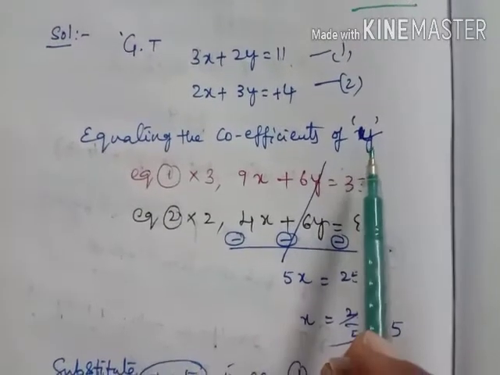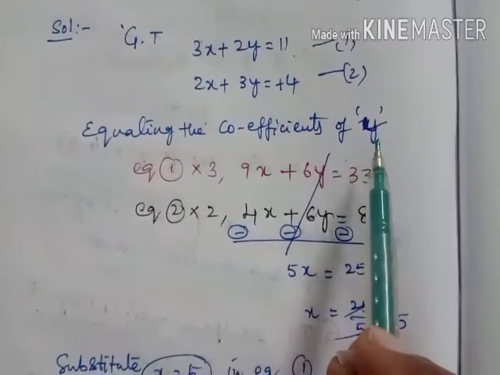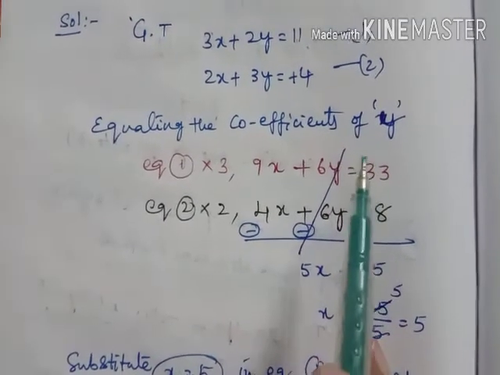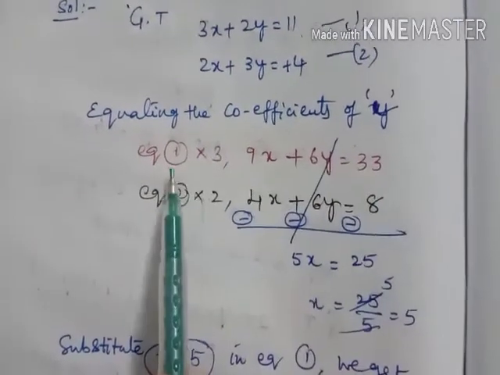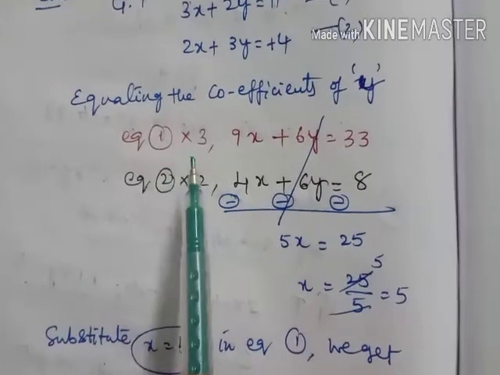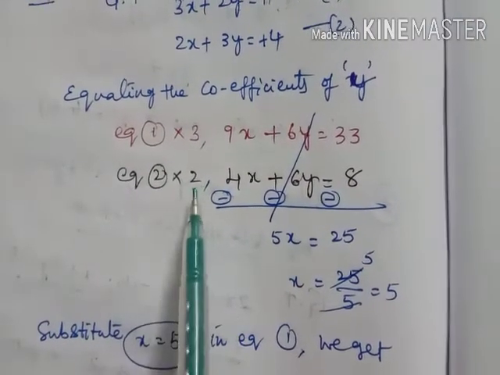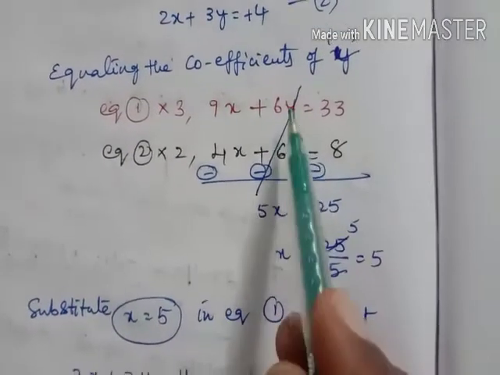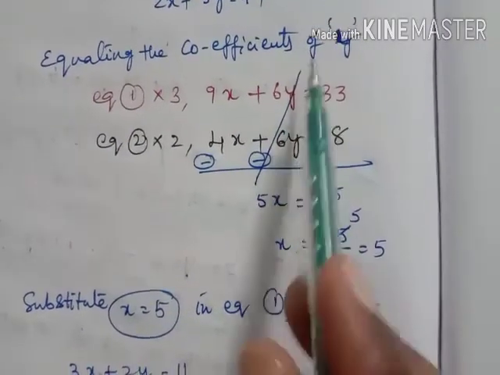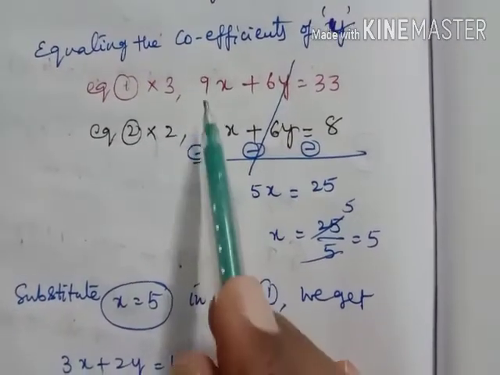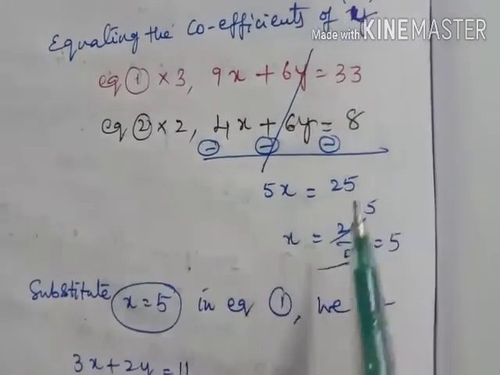We can equate either coefficients of y or coefficients of x, whichever we want, as you wish. So I am multiplying equation 1 by 3 and equation 2 by 2. I am getting the y coefficients like this. I am cancelling, so we get 9 minus 4, we'll get 5x.